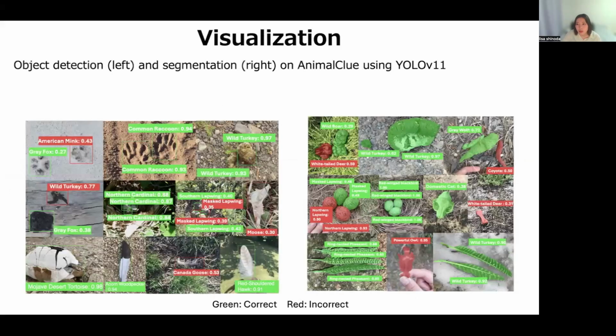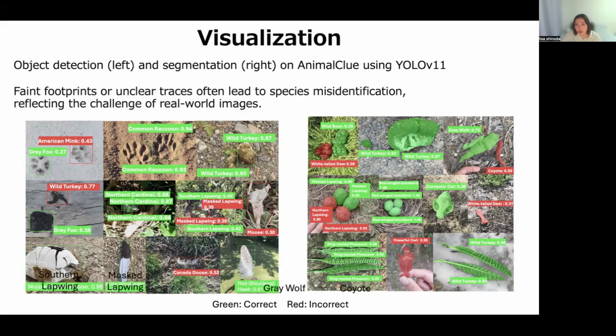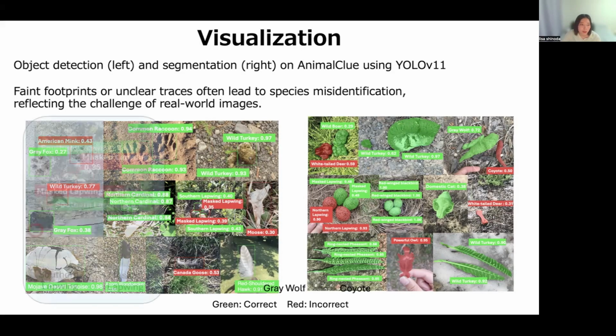Here we show detection and segmentation results on AnimalClue using YOLOv11. Green boxes indicate correct predictions and red ones are incorrect. We observe that faint footprints or unclear traces often cause species misidentification, which reflects how challenging real-world wildlife data can be.